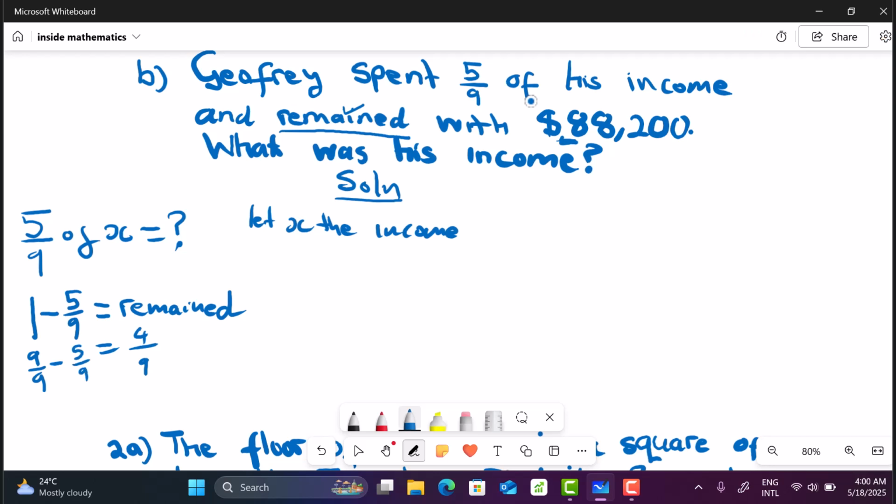So we get this. So we can actually see that 4/9 is similarly equal to 88,200. The value of x now, we are going to say 4/9 of the income, which is x, is equals to $88,200.